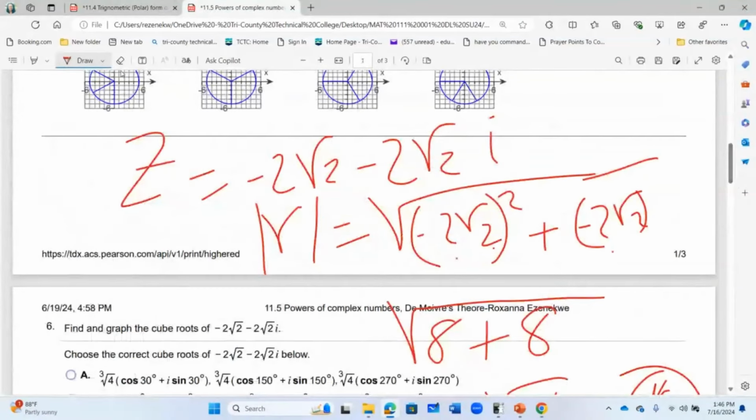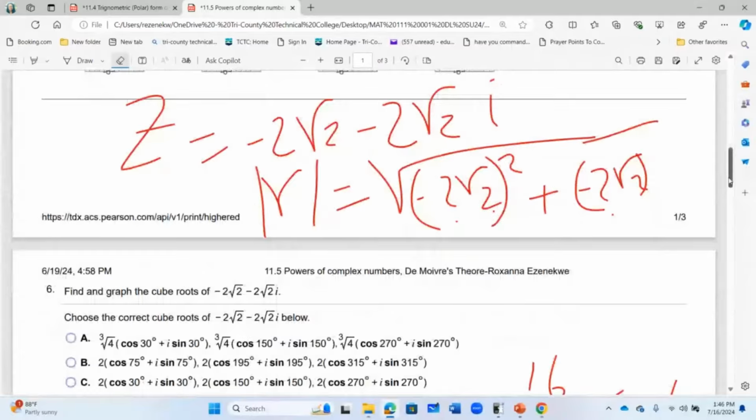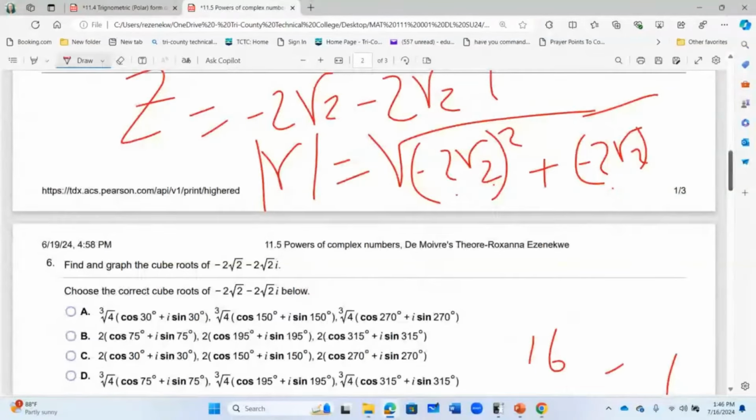So I want to use arctan. First of all, you notice that this angle should be, if I draw quickly, I'm going to put that vector up. That angle is negative, negative, so it is somewhere in the third quadrant. So the angle in question is an angle in the third quadrant.